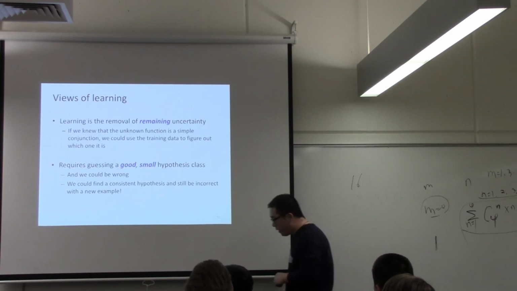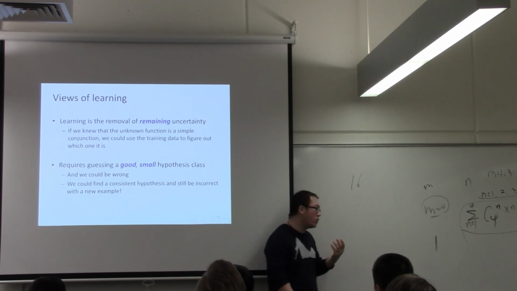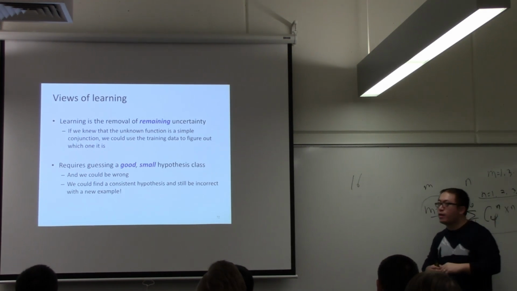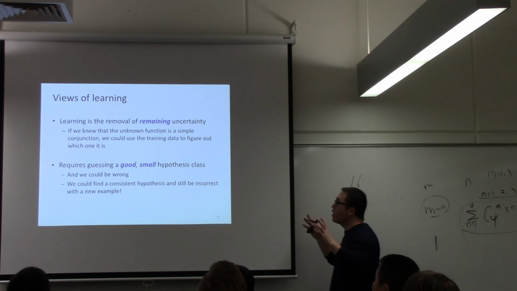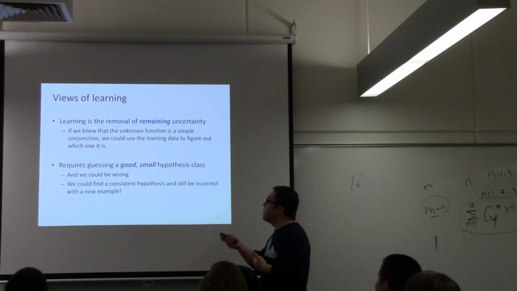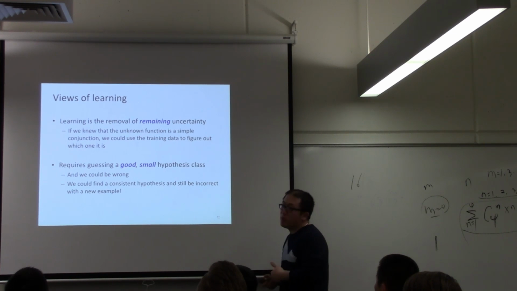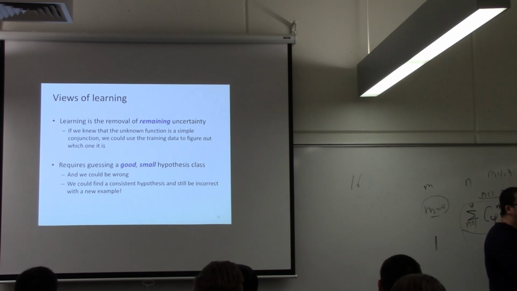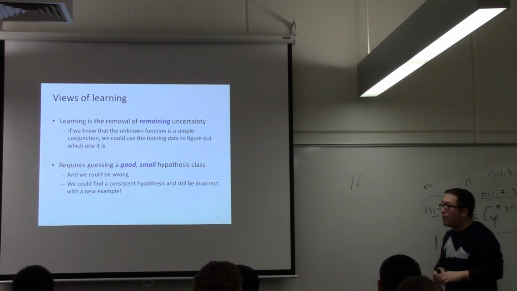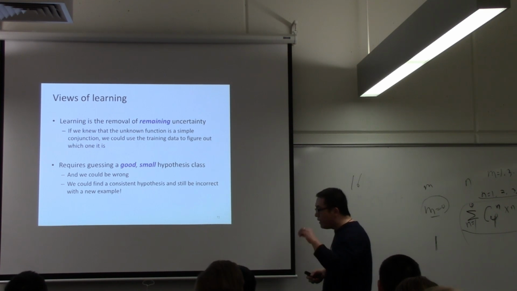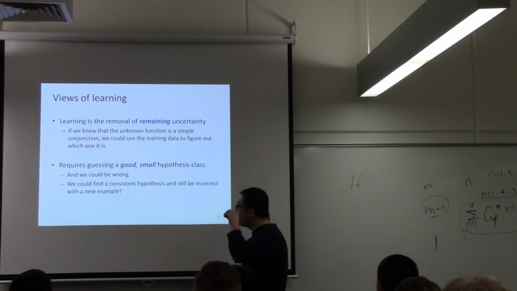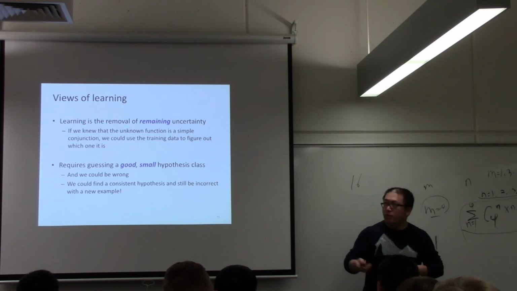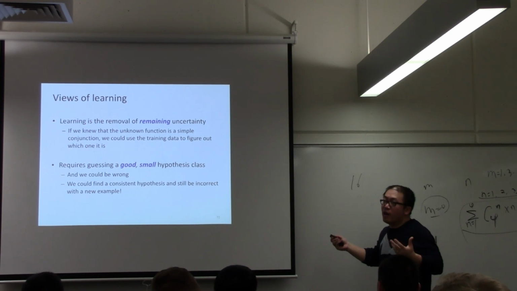So now let us step back to take a look at the learning procedure. Essentially, the design or the running of a learning algorithm is a process of removing the remaining uncertainty. At the beginning, we must make assumptions about the hypothesis space, right? And then identifying some specific function in our hypothesis space is actually the process of removing the uncertainty.